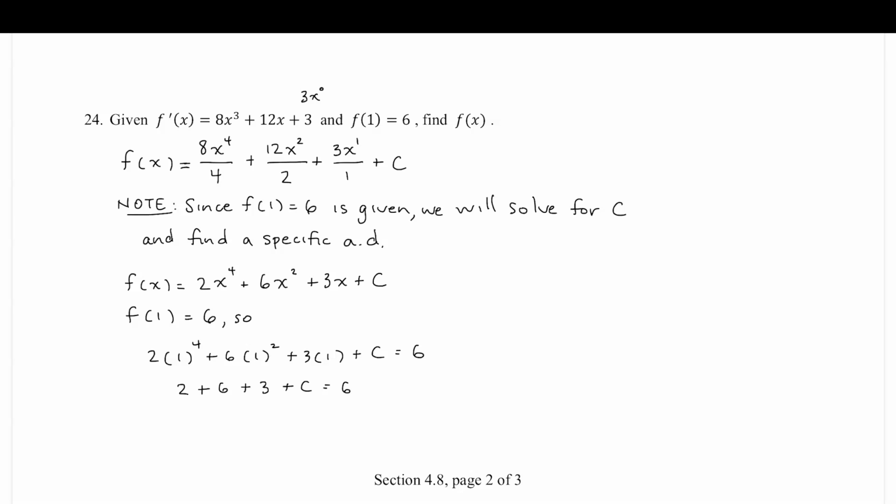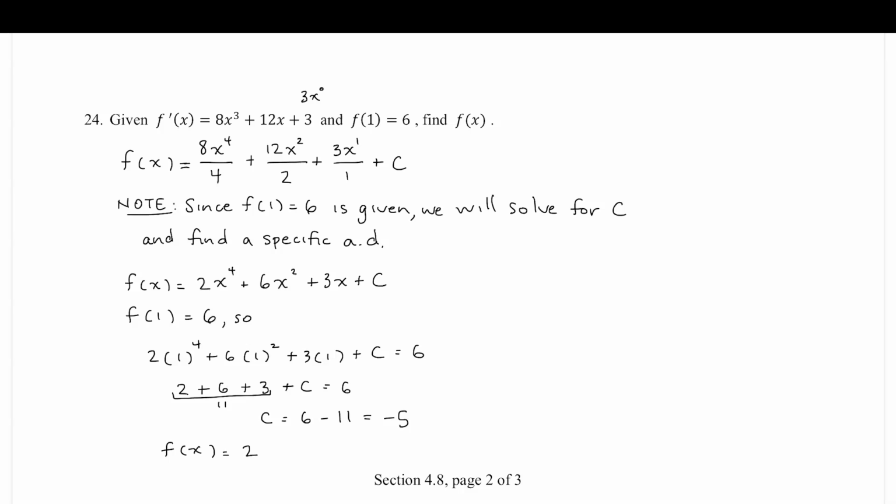So I have 2 plus 6 plus 3 plus c has to be 6. C must be 6 minus these 3, which add up to 11. So 6 minus 11 is negative 5.